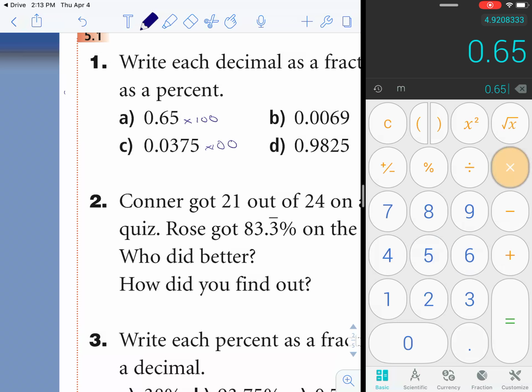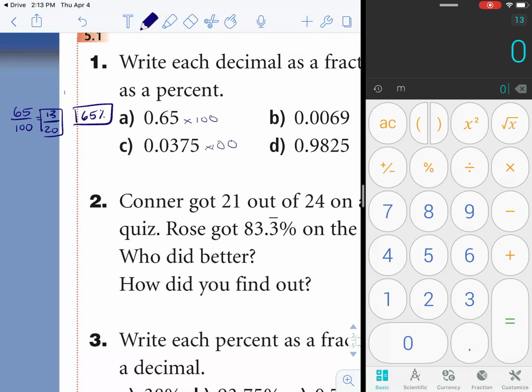So 0.65 times 100, this will be 65%. And to write it as a fraction, percent means out of 100. So this would be 65 out of 100, and then you can reduce that. So 65 divided by 5 is 13, 100 divided by 5 is 20. So there's the fraction, and there's the percent.